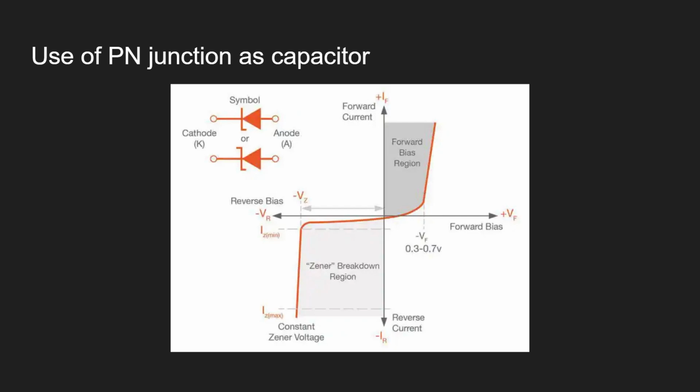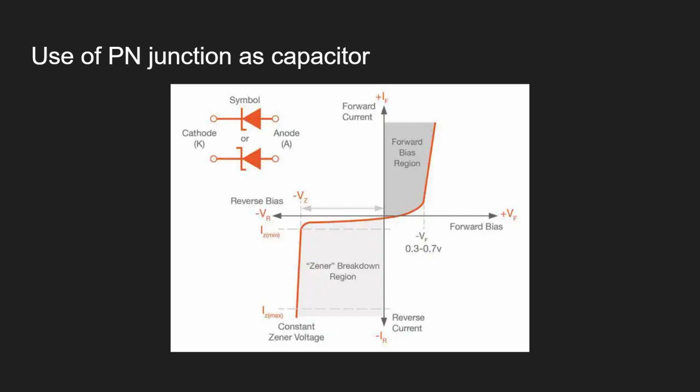Once again, for bias, we know that a normal diode only works when we have a voltage higher than the threshold. Okay, only above the threshold it works. But for Zener diode, we will see that I give a lot of reverse voltage, but what about the current? The current increases just very little.